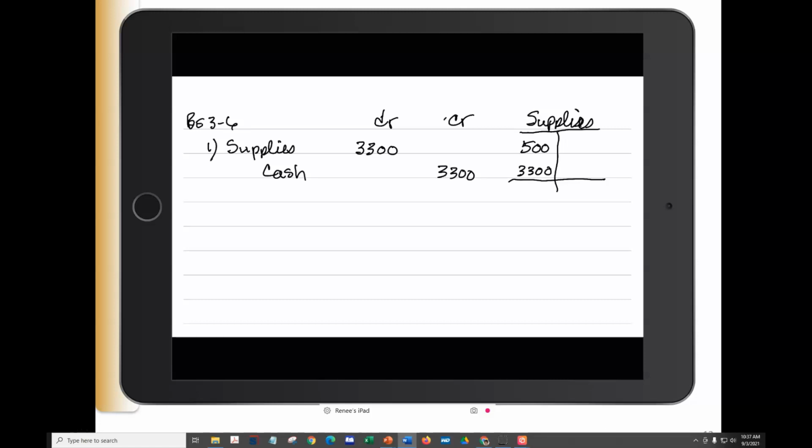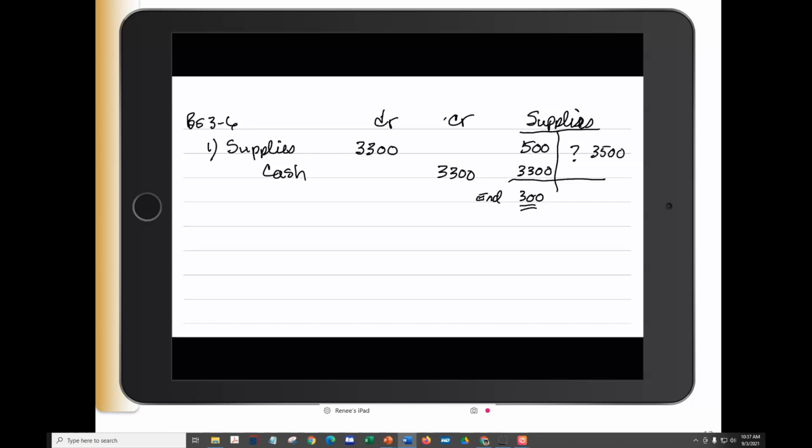They told us at the end of May only $300 worth of supplies remain. That means our ending balance was $300. How much did we use? Well, if we had $3,800 and $300 is left, we must have used $3,500, right?